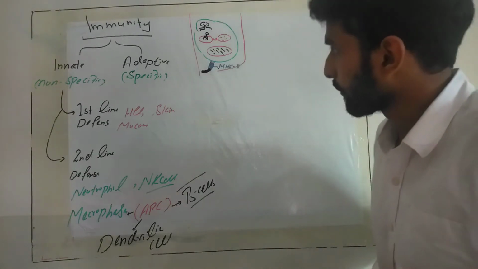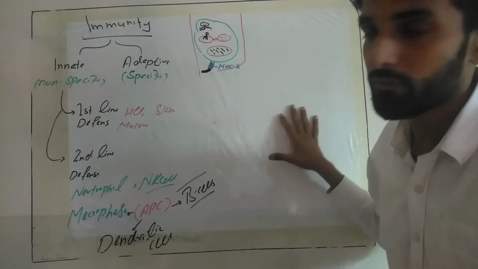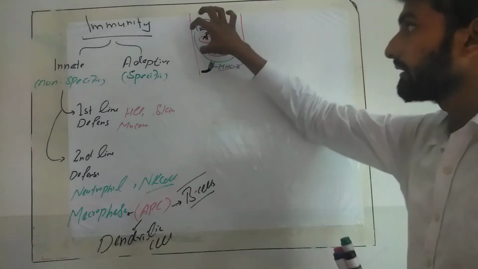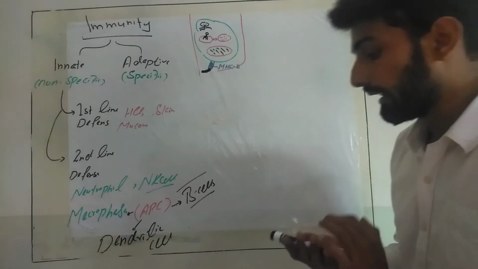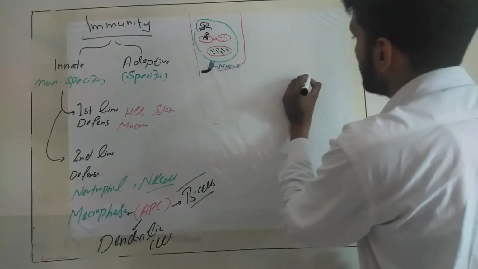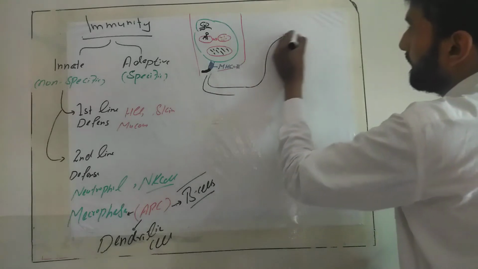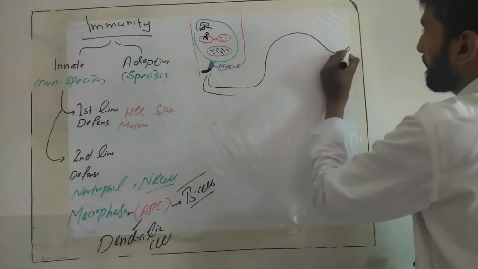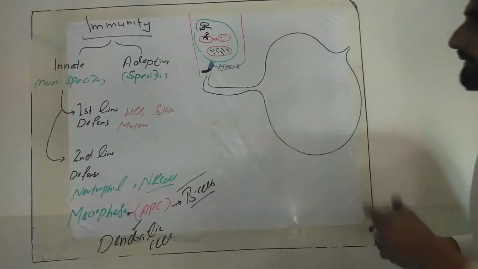They will be expressed on this protein, and now this macrophage will move to the nearest lymph node through the lymph vessel. So for example, this is the lymph vessel and this is the lymph node. Okay, this is the lymph node and these are the lymph vessels.